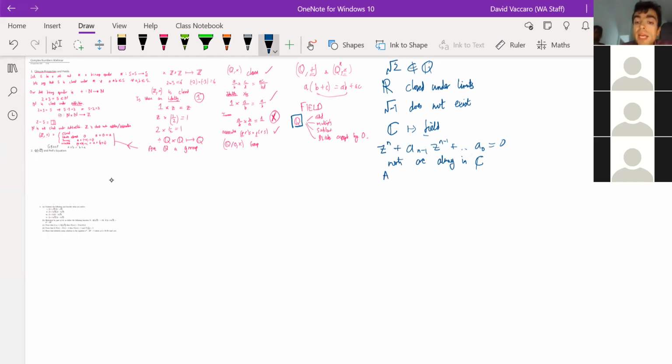And we say that the complex numbers are what is called algebraically closed. This deep result is called the fundamental theorem of algebra.